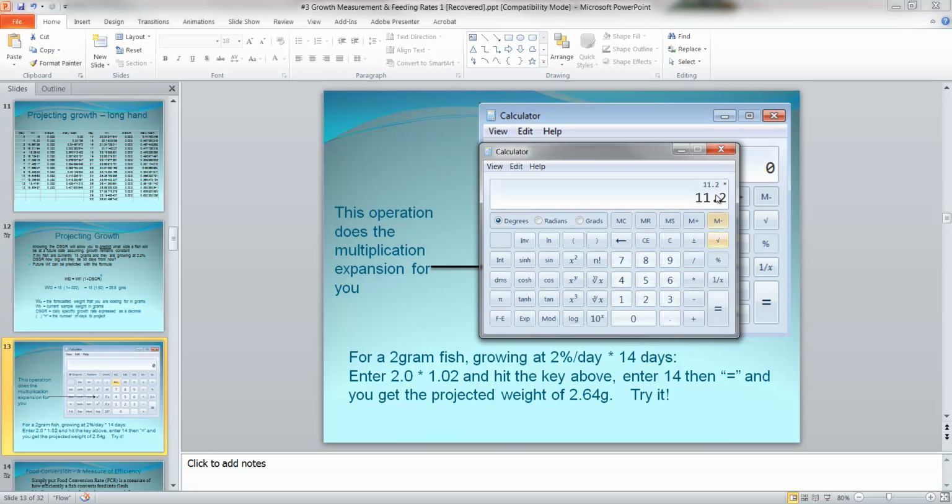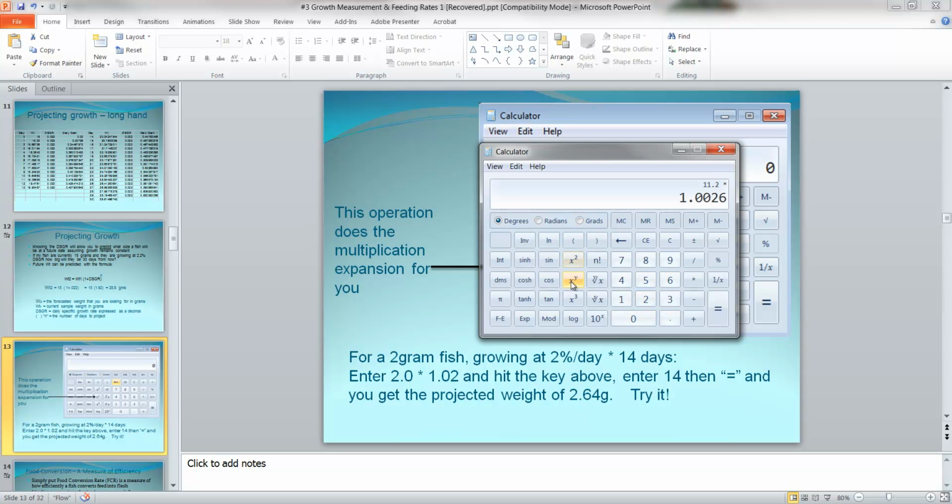So 11.2 times 1 point. 0.26% as a decimal, you've got to add a couple of zeros in there. It's going to put you at 0.0026. So it's going to be 1.0026.